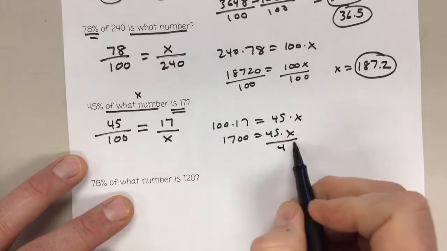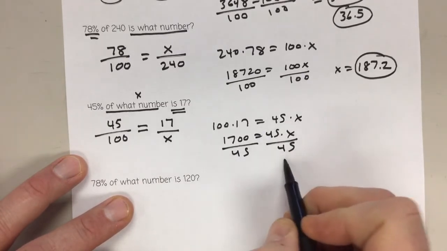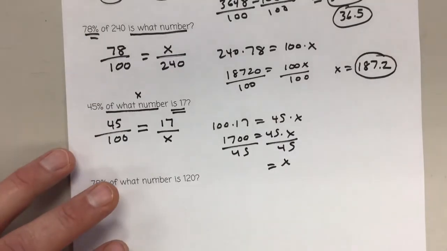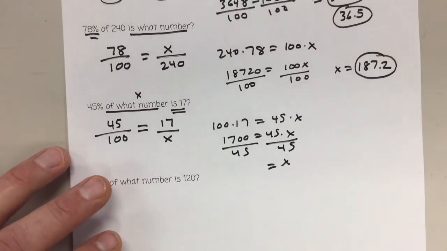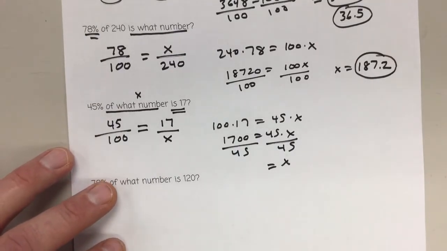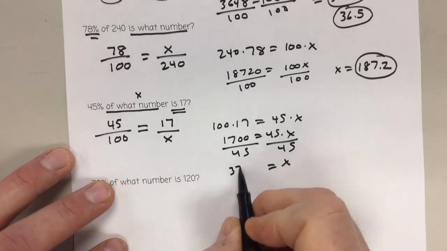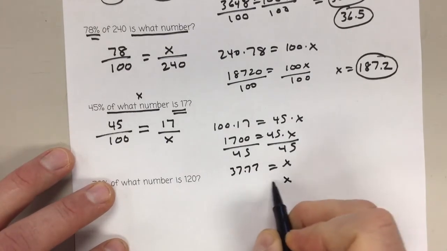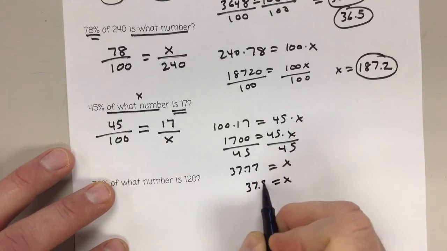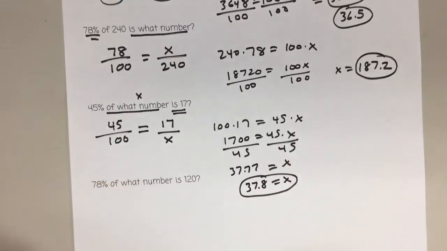And then you'll divide both sides by 45. So 1700 divided by 45 gives us 37.77. And then what I'd like you to do for Moodle is round this to 37.8. So we're always going to round to 1 decimal place, or 1 number after the decimal.